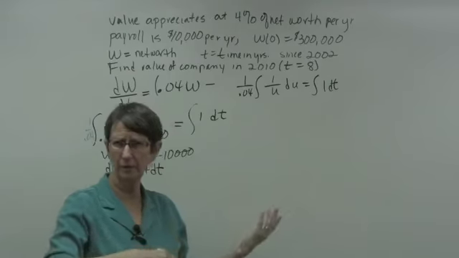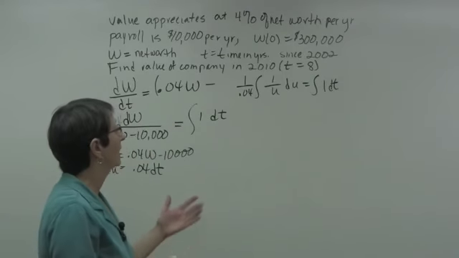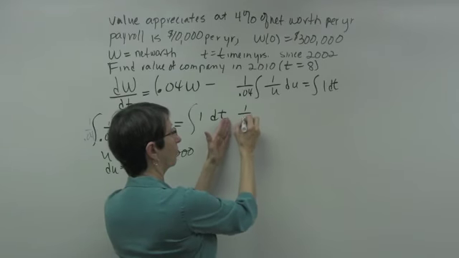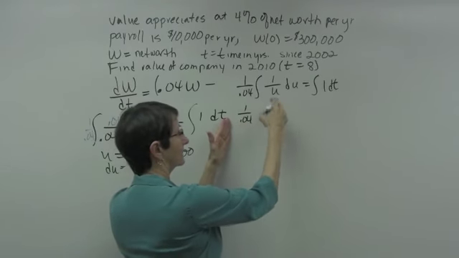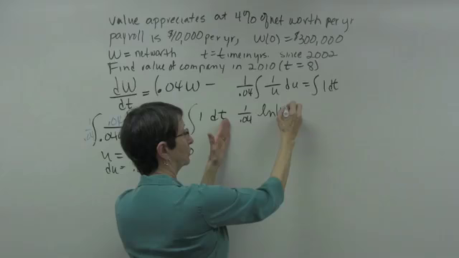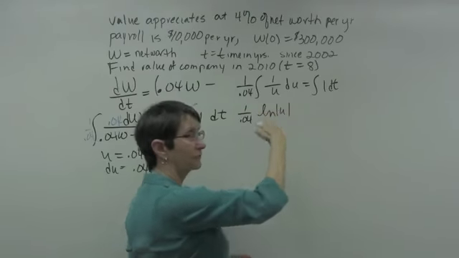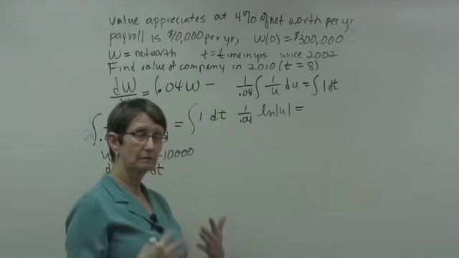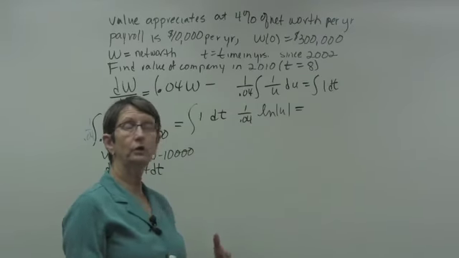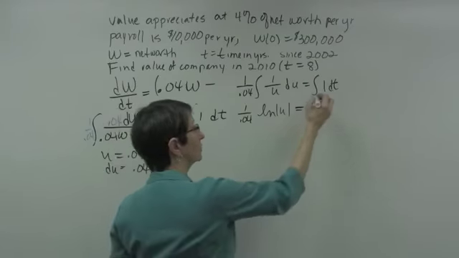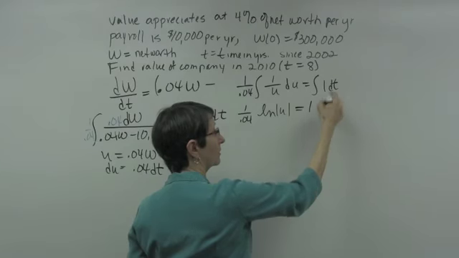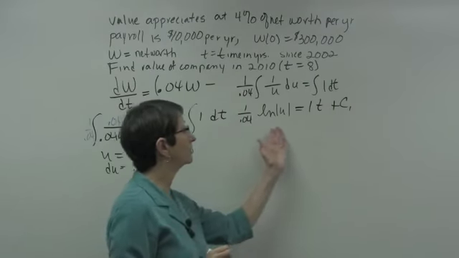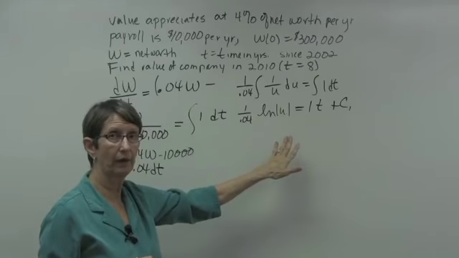So now I've got w's and u's and t's, and I just keep my integration, 1 over 0.04. This is natural log, absolute value of u. I'm going to move that plus c to the other side, equals 1 is a constant, just 1. Rule for integration says if you have a constant, you multiply the constant by the variable, which is t. So when I do my integration, this is what I end up with.